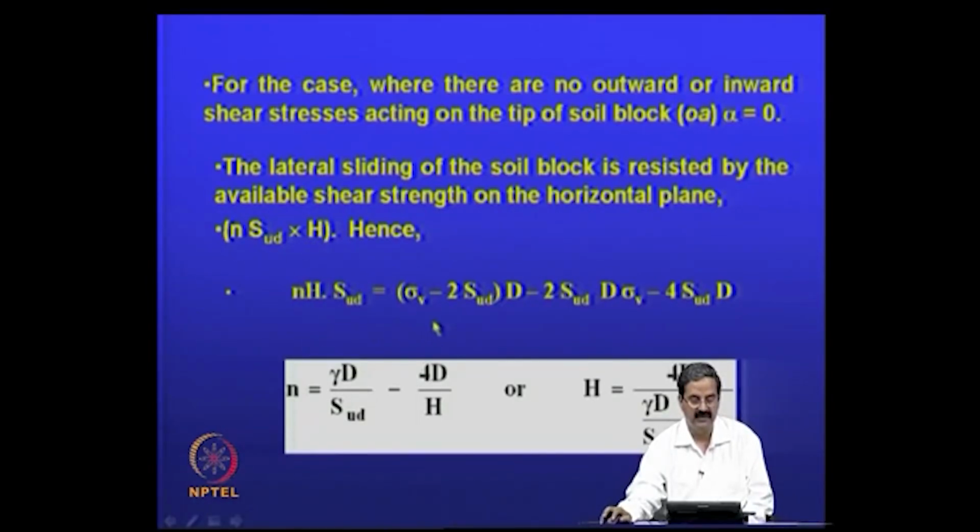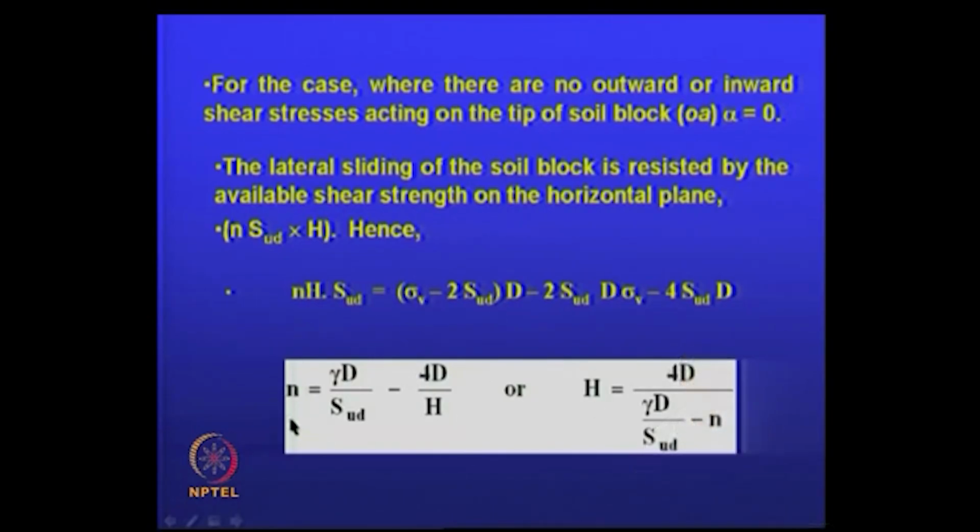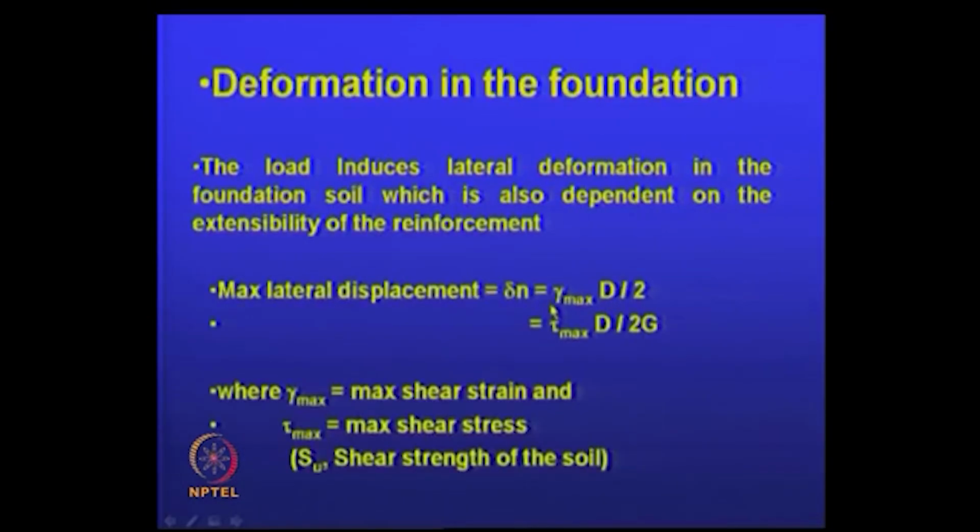So, N SCD is nothing but this is one equation equal to 2 sigma V minus 2 SUD into D minus 2 SUD, this is what you should use, and once you simplify that you will get a term called N based on these considerations, again one more N, which prevents you from the plastic squeezing, okay. So, this is another term that is a simple direct equation that you get from here.